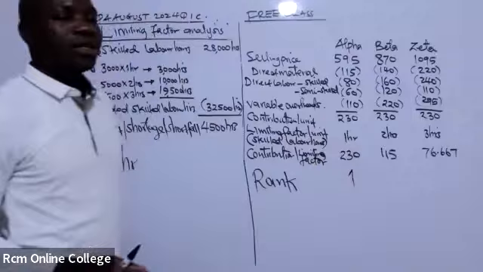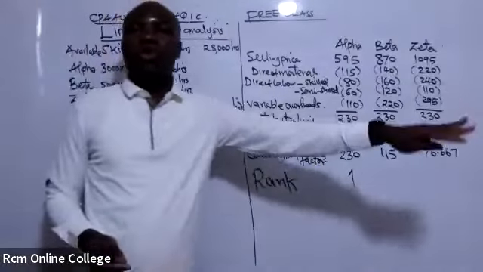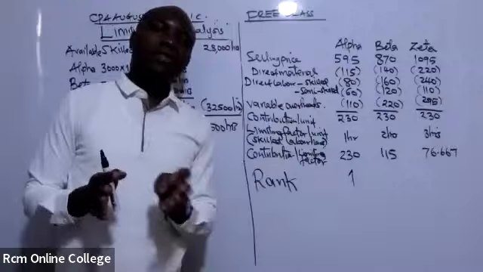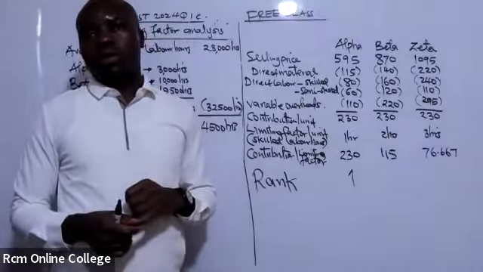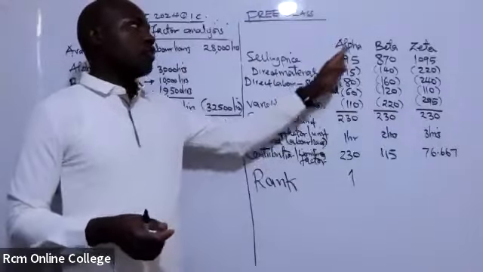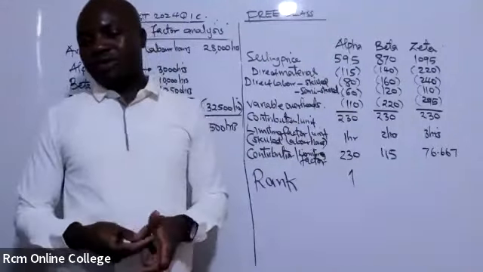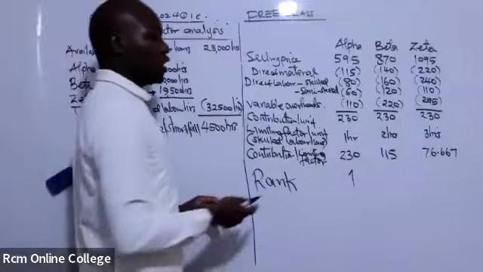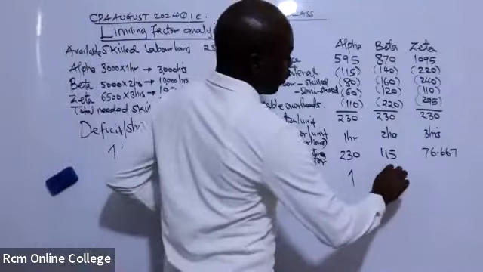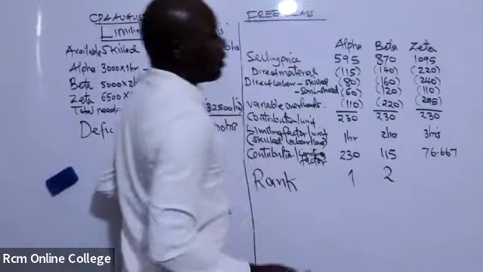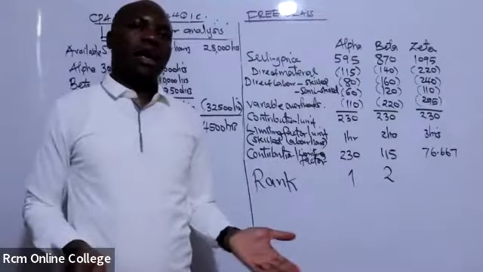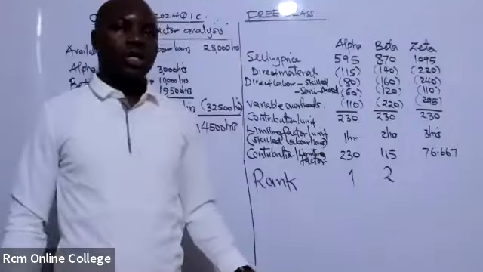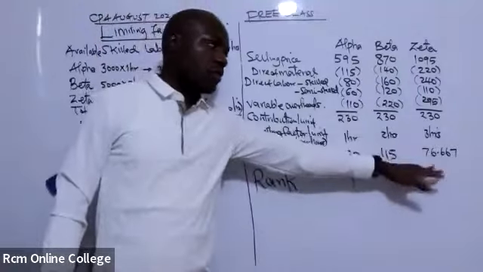Good. So let's say you have managed to produce all units of alpha and you still have this 1 hour remaining. Where will you go to? You have produced all units of alpha that were demanded. You still have something remaining. You go for beta because it now gives you something close to the highest. Let's say you have some extra hours that are not having any allocation, and you see there's a profit somewhere there of 76.